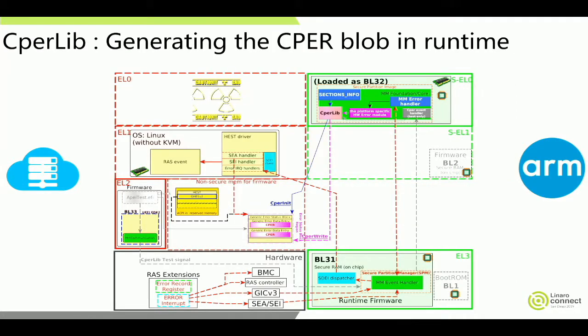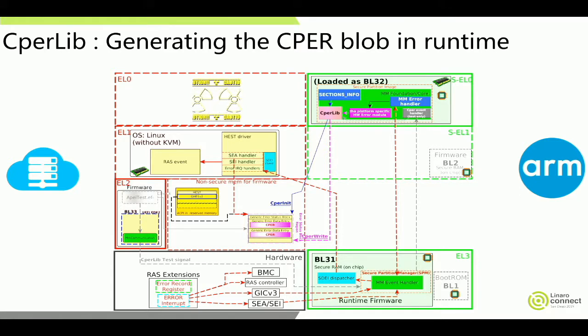And in the runtime, once anything bad happens, any error happens, the RAS extension will trigger the interrupt directly to BL31, at the very low level, EL3. So this software is actually trusted firmware.